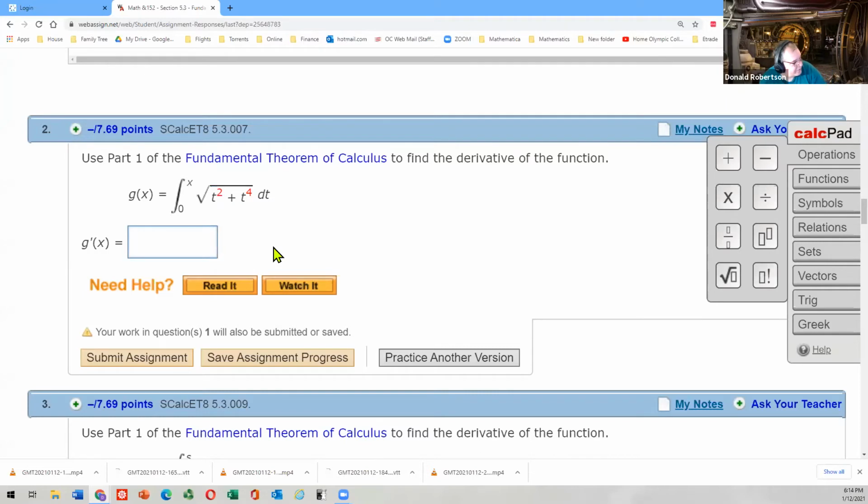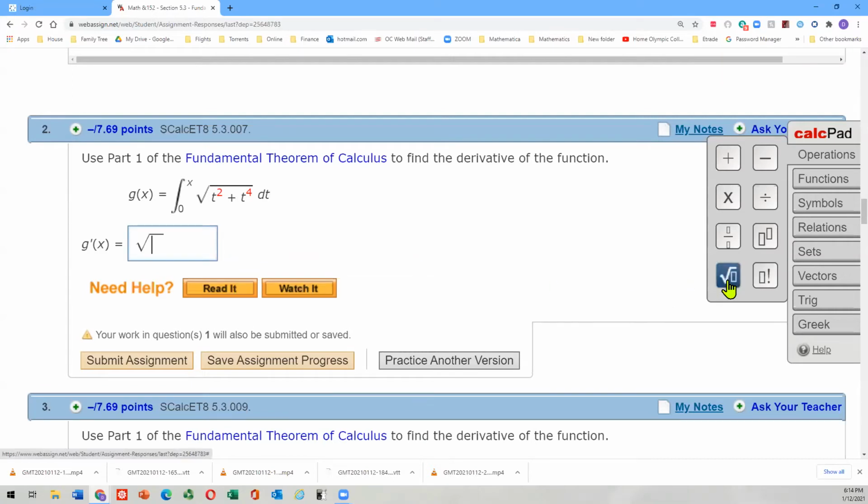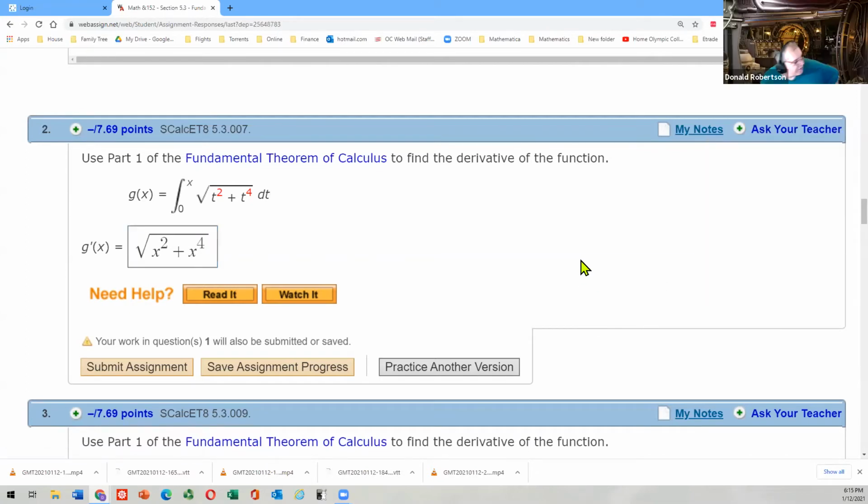What's the derivative? You're overthinking it. Is that the square root of x squared plus x to the 4th? Isn't that the quickest 8 points you've probably ever got in homework so far?